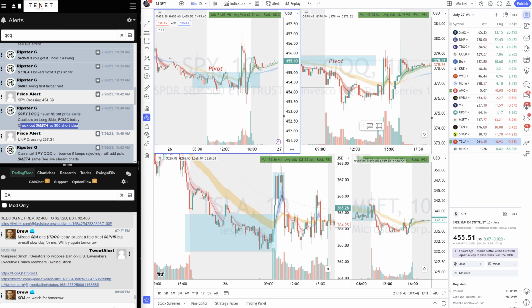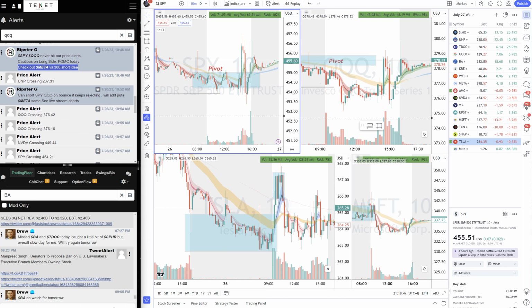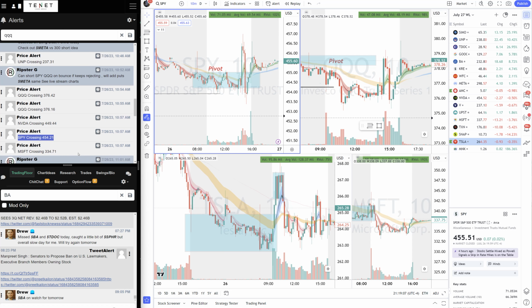FOMC today, Meta versus 300 short idea, that was our scalp. So we can short SPY and QQQ on a bounce for best risk reward, will add puts. Meta same, see the live stream charts. Then our price alerts started hitting: QQQ breaking down, Nvidia breaking down, SPY breaking down, right?